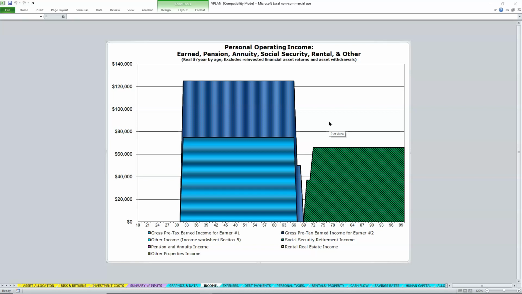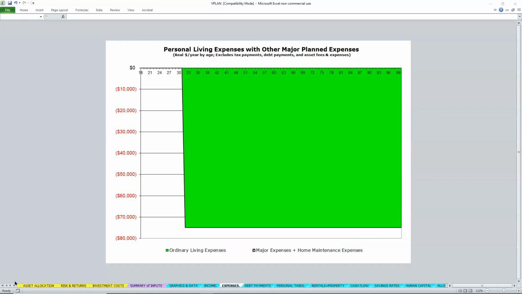Next, we will click and view the blue-tabbed expenses graphic. The family expenses graphic shows their $75,000 in ordinary expenses. These ordinary expenses exclude tax payments, debt payments, and asset expenses, which VeriPlan automatically projects elsewhere.